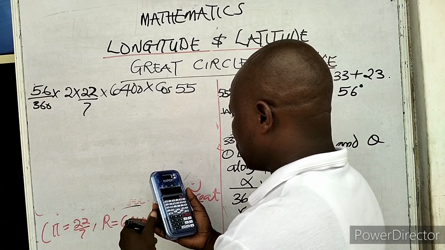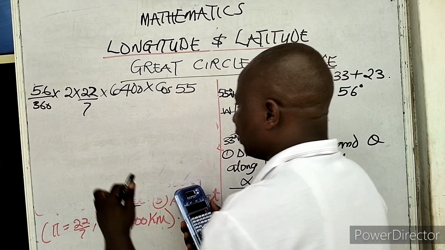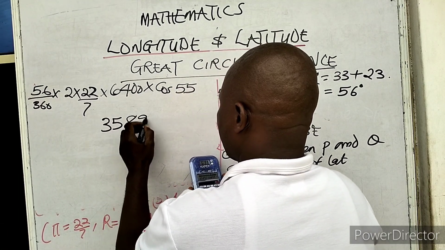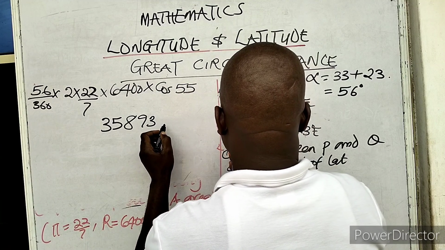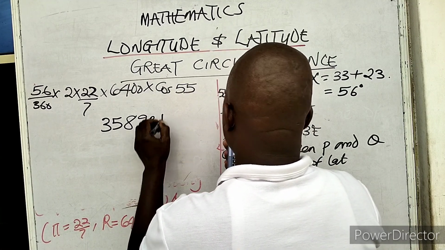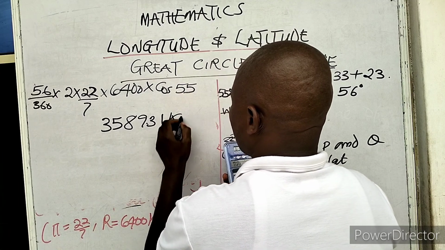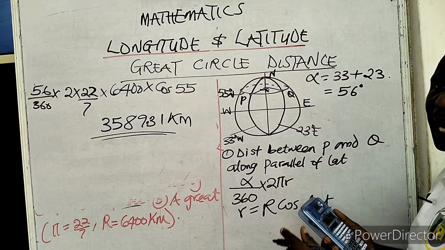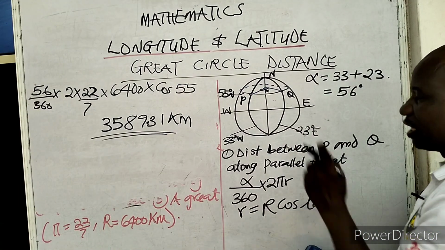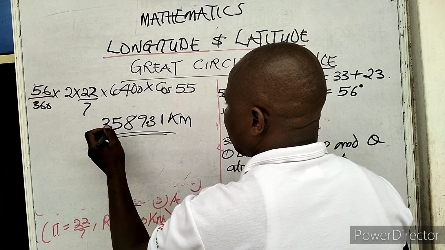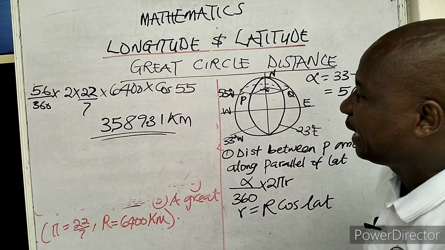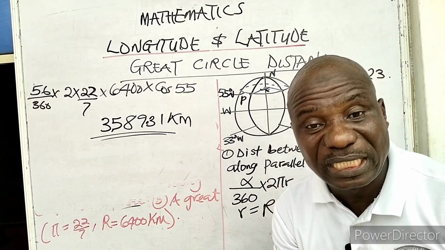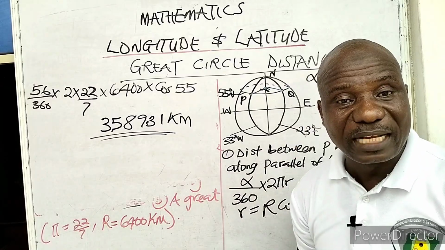This one gives me 3,589.31. This one is in kilometers. So the distance between P and Q when measured along the parallel of latitude will give us 3,589.31 kilometers. Is that understood?